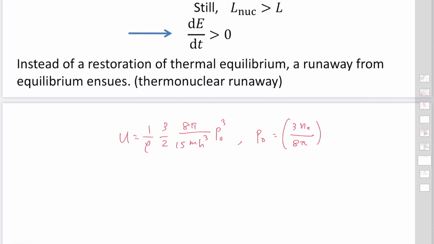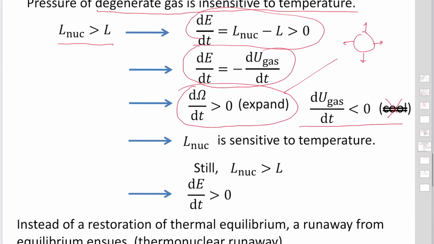So in this case U_gas is independent of temperature. So U_gas is decreasing, but this does not mean the temperature is dropping.